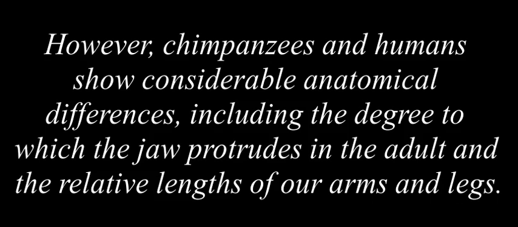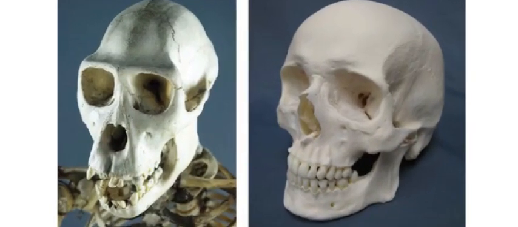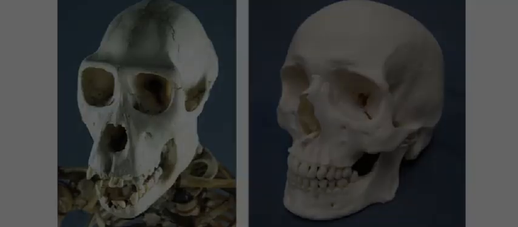However, chimpanzees and humans show considerable anatomical differences, including the degree to which the jaw protrudes in the adult and the relative lengths of our arms and legs. Figure 12.7. The chimpanzee jaw protrudes to a much greater degree than the human jaw.